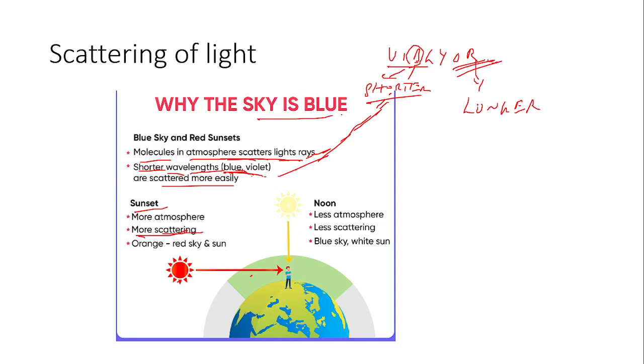At afternoon, the sun is right above our head, there will be very little scattering, so the sky will be completely blue. But when you observe the sun, it looks white. Sun will look white because of less scattering. Sun will look red because of more scattering. This question might be asked.